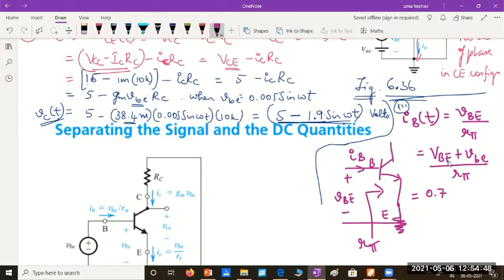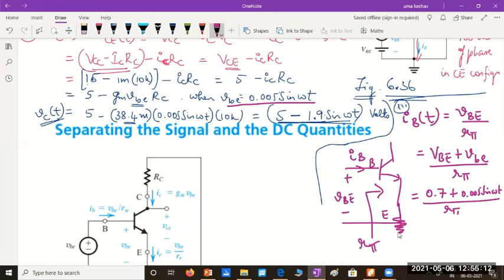Whenever you assume a silicon transistor, the DC voltage between the base emitter junction should be 0.7. What is small VBE? It's given, 0.005 sine omega t. The whole thing divided by R pi.